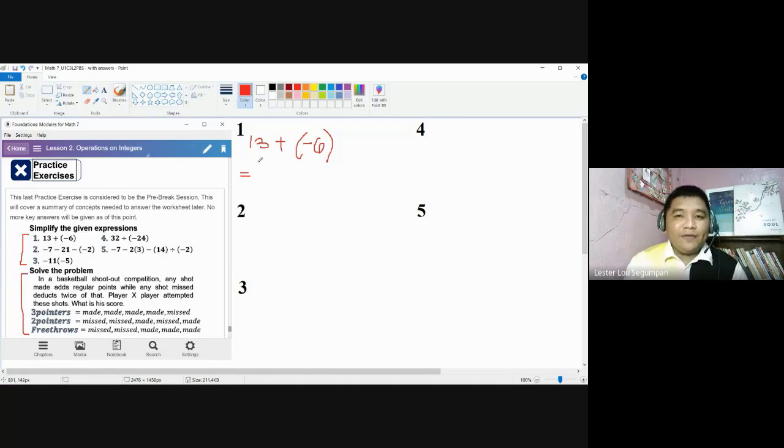So if I have here 13 pesos and then I have here, because the plus could also be considered as and, I have 6 pesos, which is borrowed money, assuming that I will pay the same amount of borrowed money, I only have 7 pesos left. And this 7 pesos is actual money, not anymore borrowed, not anymore utang.